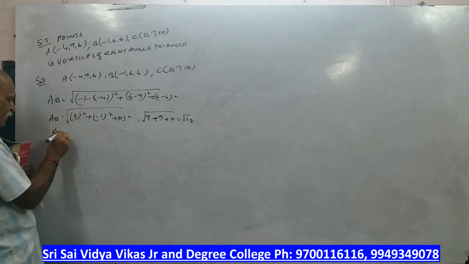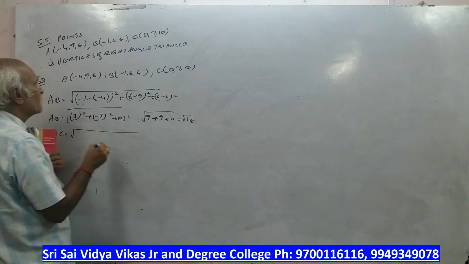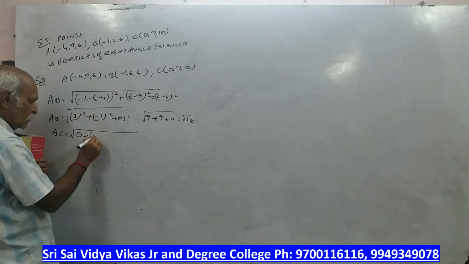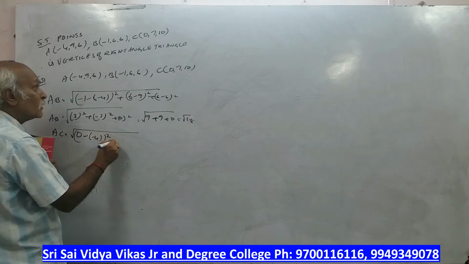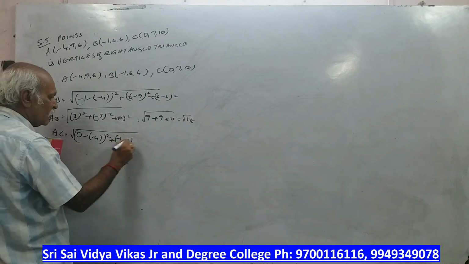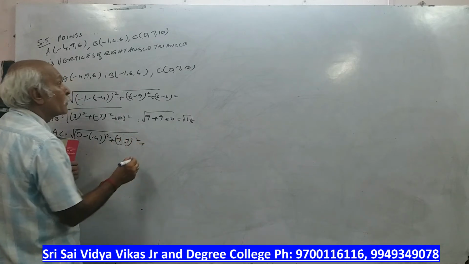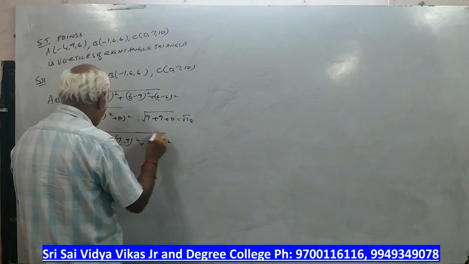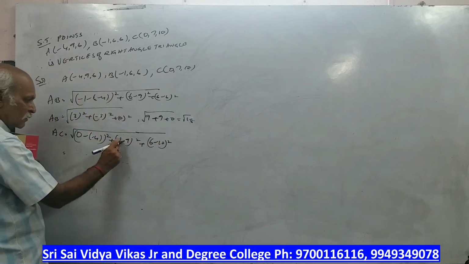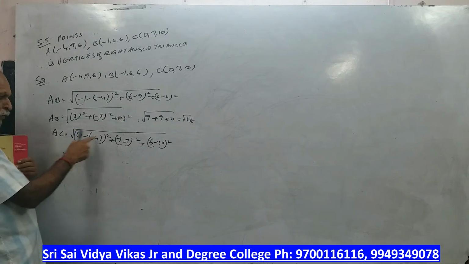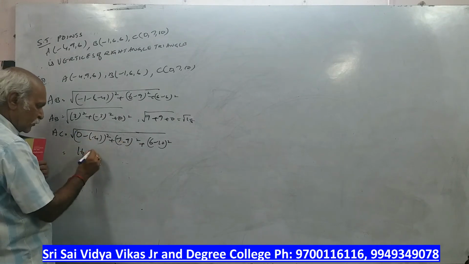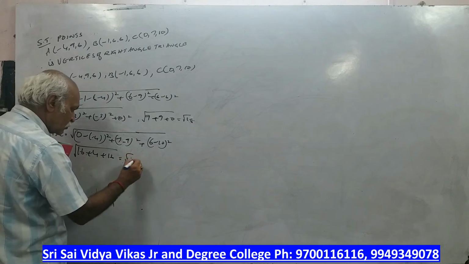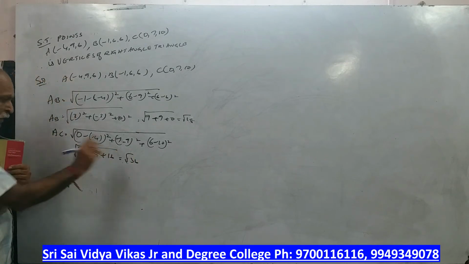Next, AC, root of (0 minus of minus 4) whole square plus (7 minus 9) whole square plus (6 minus 10) whole square. So this becomes minus of minus is plus 4, so 16 plus 4 plus 16. How much we get? Root 36. Don't write 16, sir. Root 36, you leave it.